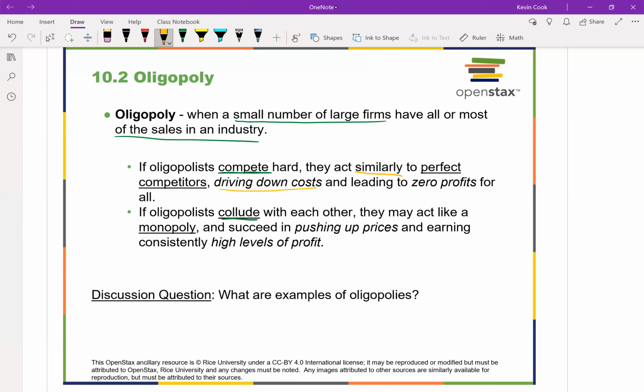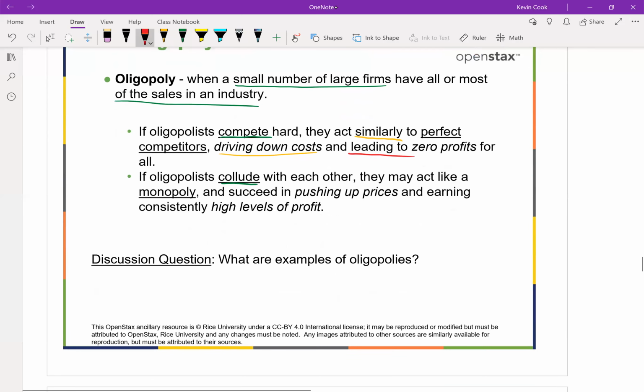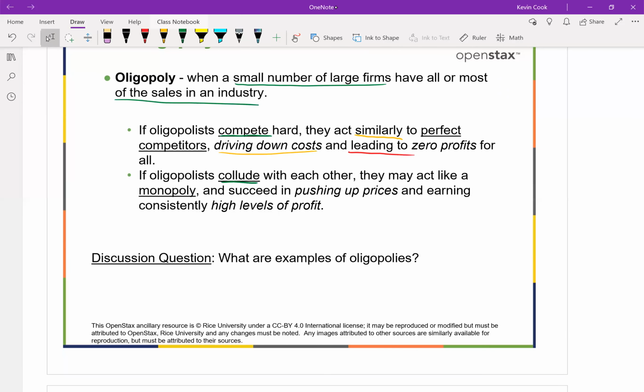So if I'm an oligopolist and I compete, I'm going to charge a lower price than a monopolist would, but a higher price than a competitive market. My other choice is to collude. And if we collude, we are going to very much act like a monopoly. So we are going to push prices up, earn consistent high levels of profit, and so on.